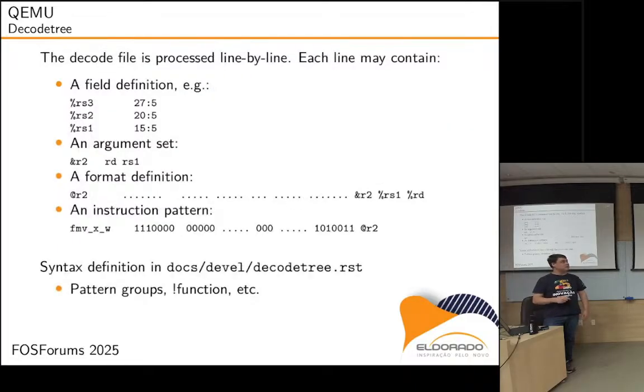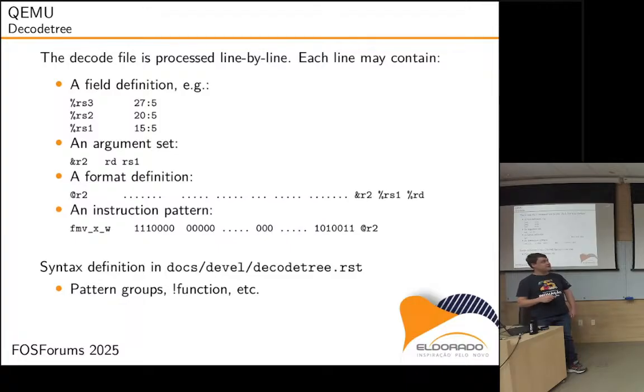So about the decode tree file, the file is processed line by line. You have field definitions. Those field definitions have a range of bits. Here, for instance, it's the RS1, RS3, RS2 fields of RISC-V instructions.